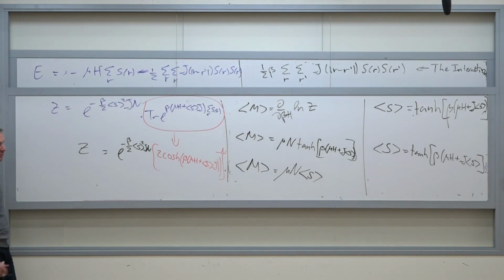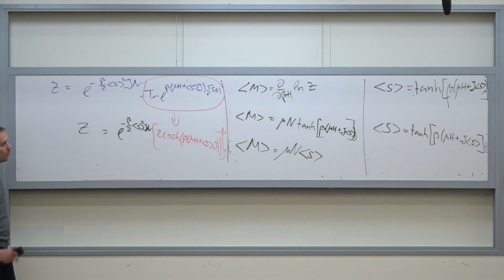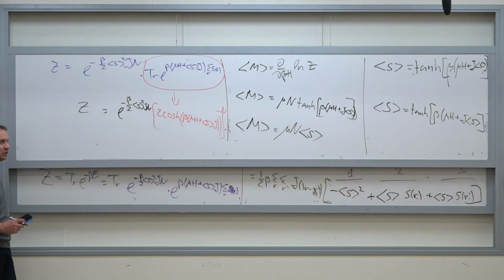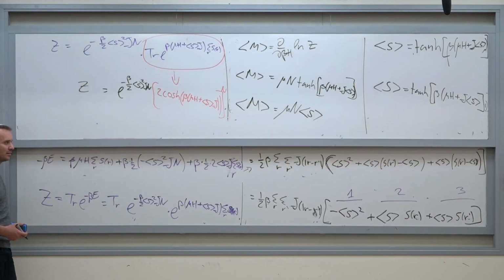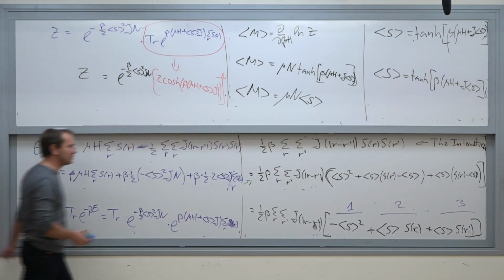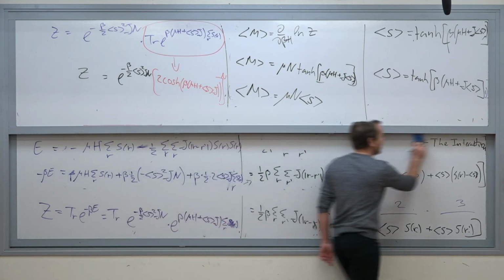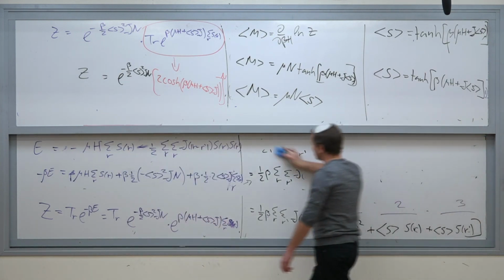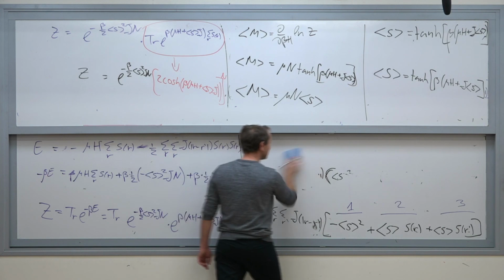I will take another 3 minutes of your time, I'm sorry. What is the spontaneous magnetization? Spontaneous magnetization appears when the external field is 0.